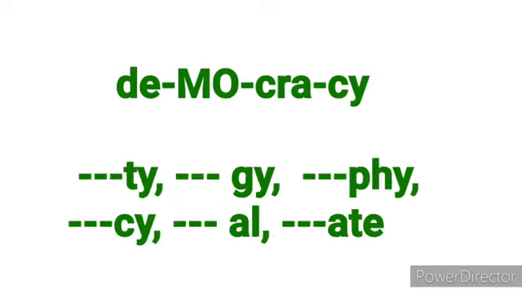Democracy: 4 syllables, 4 units of sound. Now, where should you place the stress? You should place the stress on the third syllable from the end of the word, and that is mo. Democracy. This applies to every word that ends in ty, gy, phy, cy, al, and ate.